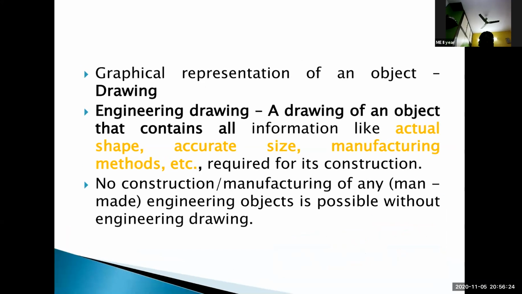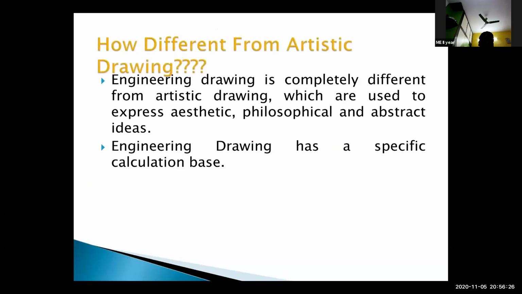So many definitions are there. So how is it different from artistic drawing? Engineering drawing is completely different from the artistic, which is used to express aesthetic, philosophical, and abstract ideas. Okay, all of you here, what is the meaning of artistic drawing?